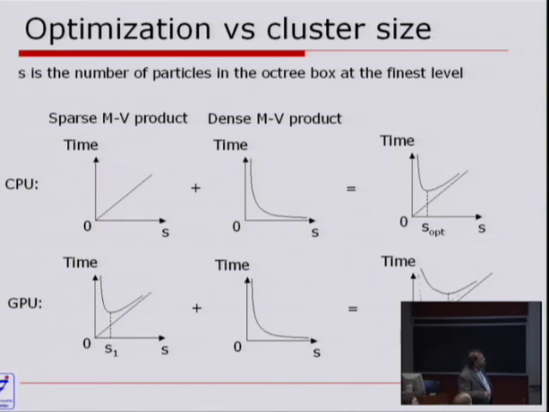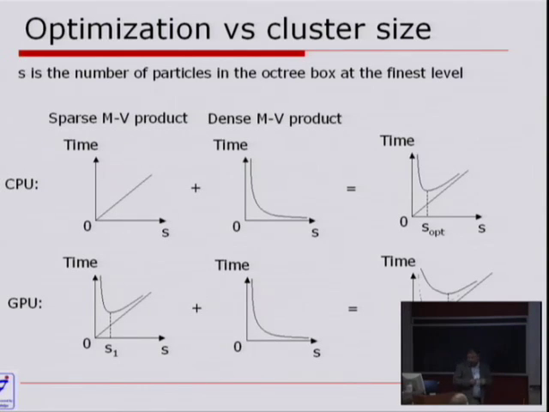So for CPU we have this time for sparse matrix, dense, and so we have a kind of time like this. But for GPU, the time itself has an optimum, and this optimum depends on the number of boxes, the number of particles, and basically the number of threads. As we found, the optimal number of threads per block should not be 1 or 2 or 1,000; it should be something like 256.